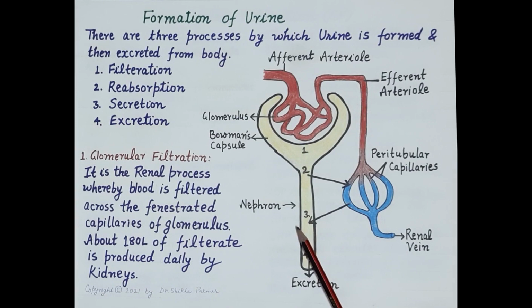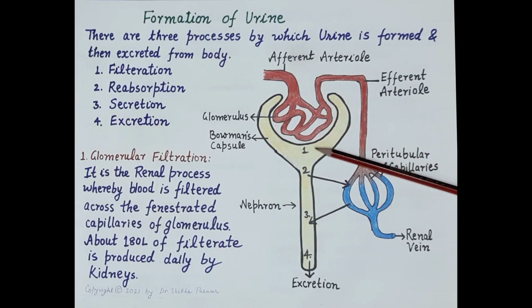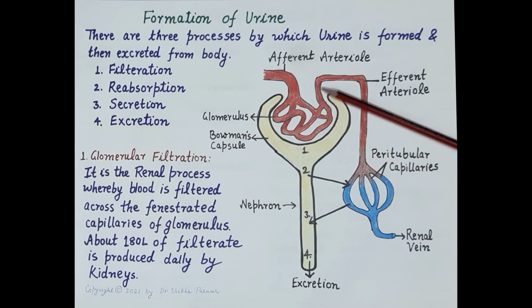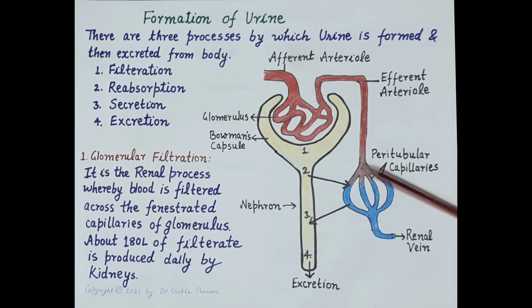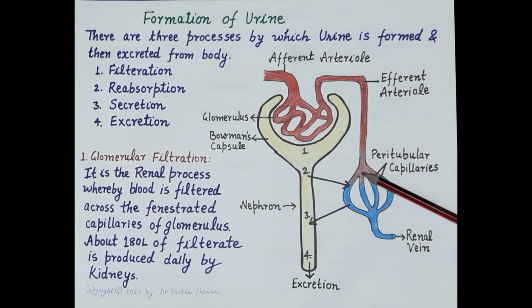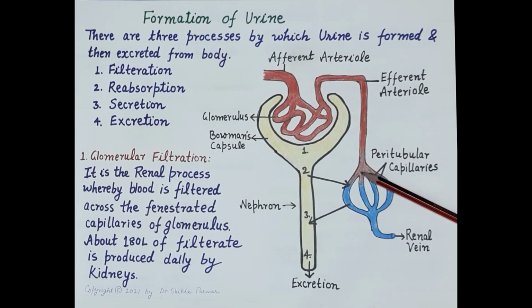The third step in the formation of urine is secretion. Substances not required by the body but which could not be filtered through the glomerulus are transported into the peritubular capillaries, for example drugs like penicillin and aspirin.